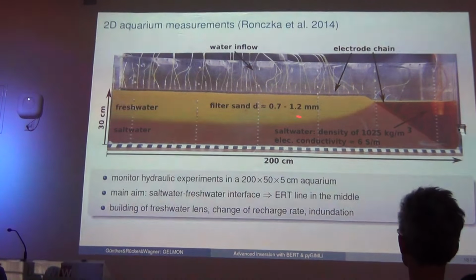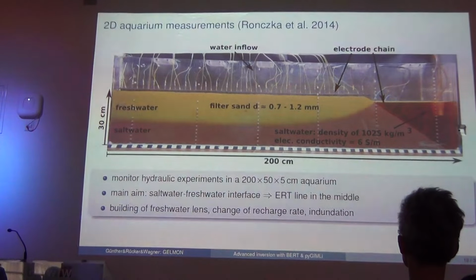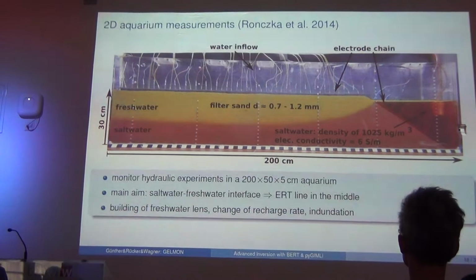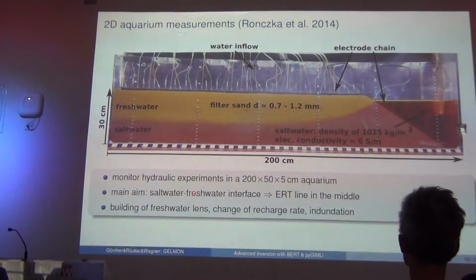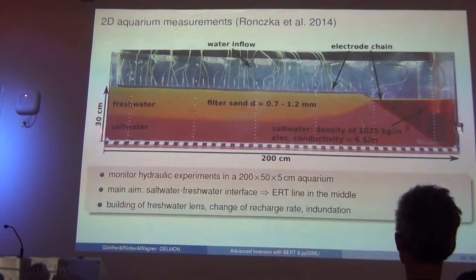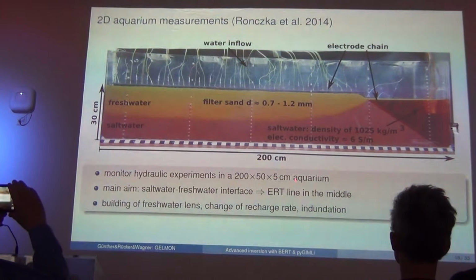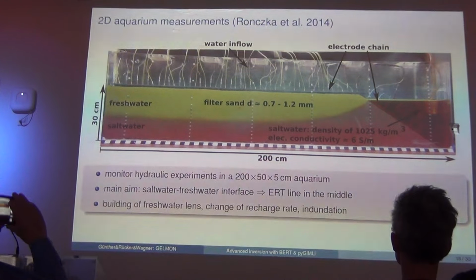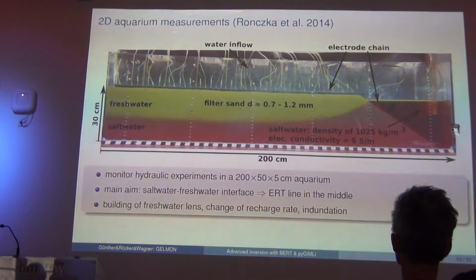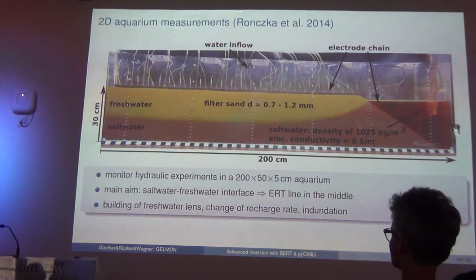We were interested in how saltwater-freshwater interfaces develop dynamically, and whether we can model it, whether we can see it with ERT on the small scale, but then also on a field scale. So it's an aquarium, 2 meters long and 50 centimeters high, but there's only 30 centimeters of sand, and there's a slope and water, but it's 5 centimeters wide. So it's 3D.